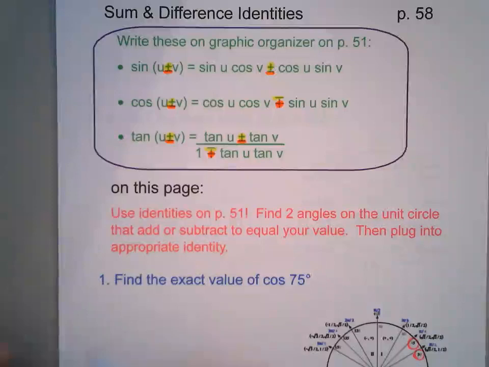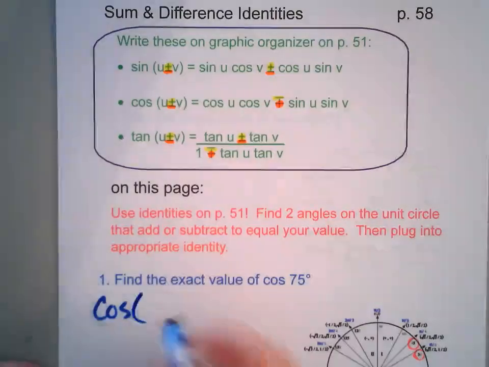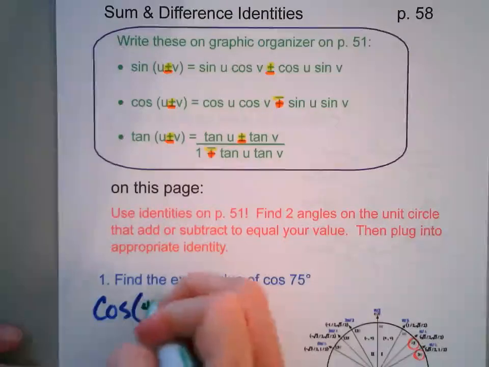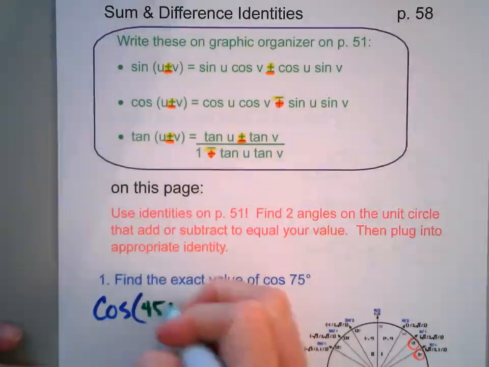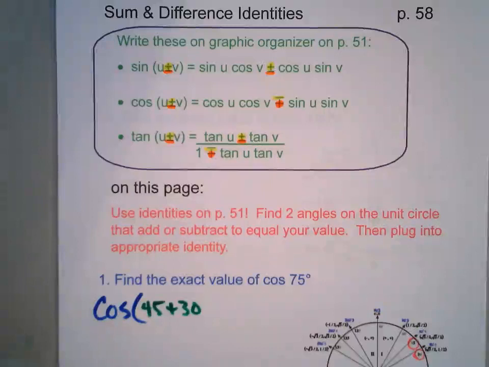So that is going to look kind of like this. We're going to be doing the cosine of 45 plus 30. Now you could use any values on the unit circle as long as they either add or subtract to be 75 degrees. This was just probably the fastest, easiest way to come up with 75 degrees.